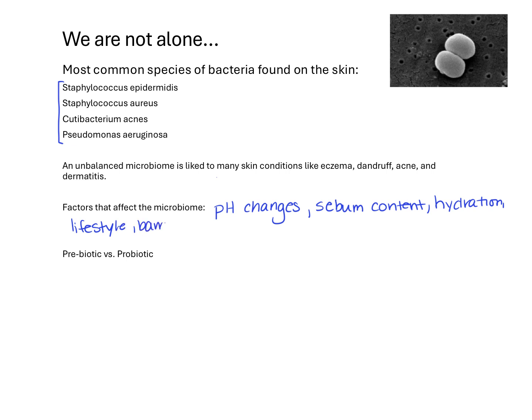Barrier function. Climate. So if you live in a drier climate versus a more humid climate. Gender. Age. And ethnicity. So all of these can affect how dry or oily your skin is, and then can affect what is living on your skin.